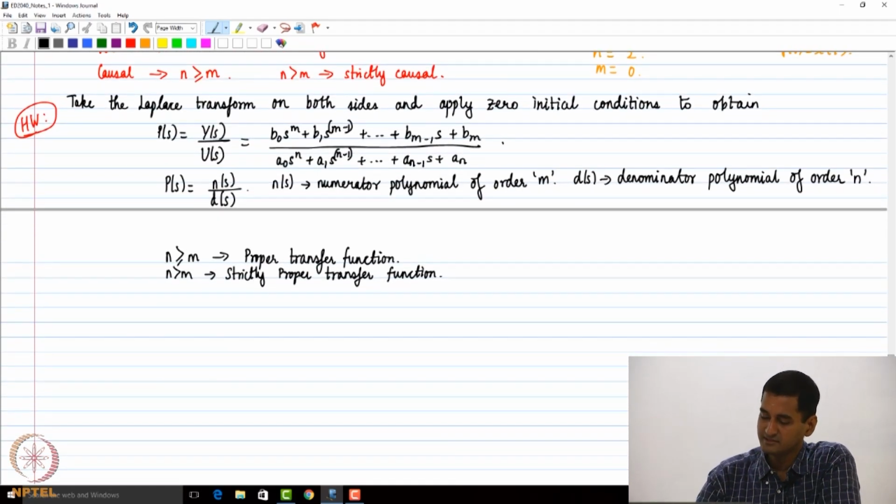Now we see that P of s is equal to n of s divided by d of s.